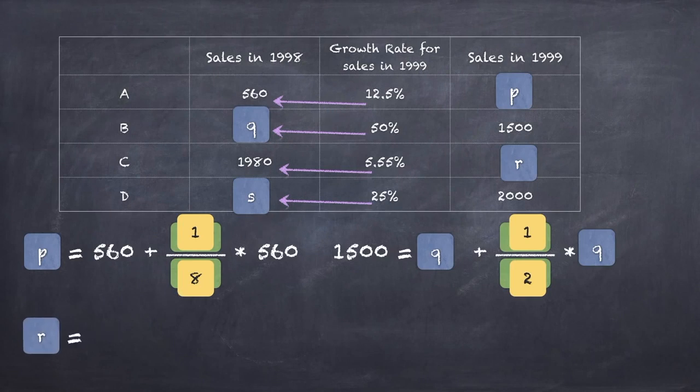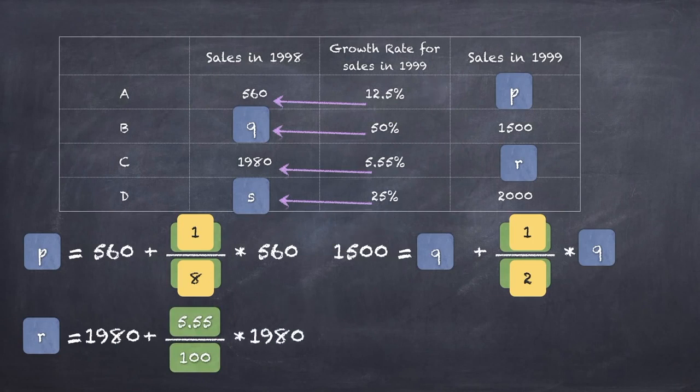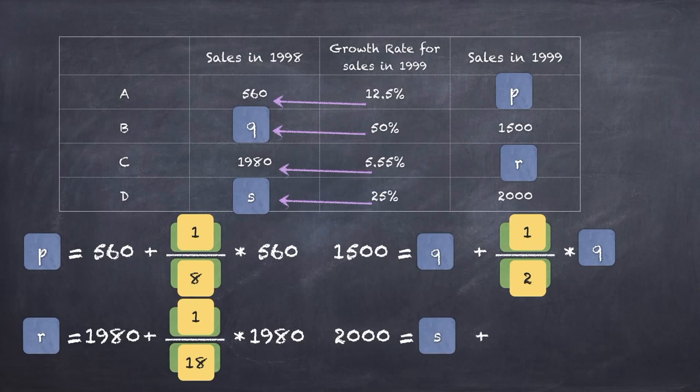Looking at the third one for company C, this 5.55% increase in the value of 1980 means 1980 is increased by 5.55%. So 1980 plus 5.55 by 100 of 1980 will give you the value of R. 5.55, if I can remember from the previous session, is 1 by 18. So 1980 plus 1 by 18 of 1980. So replacing the percentage with the fraction might make your calculations a little bit faster.